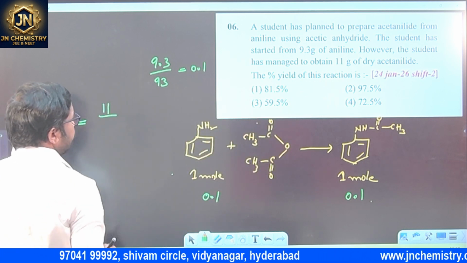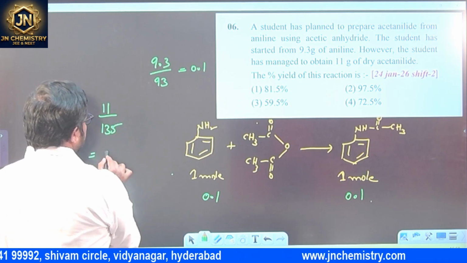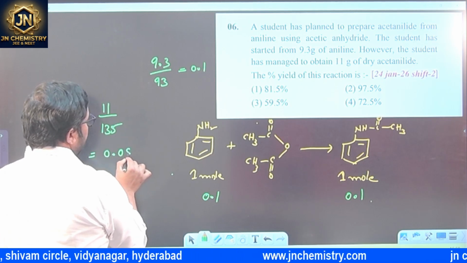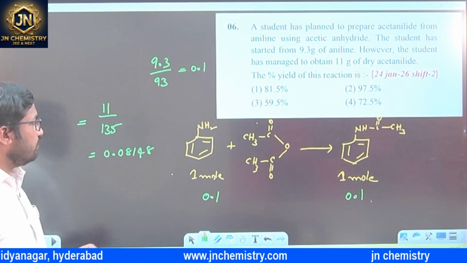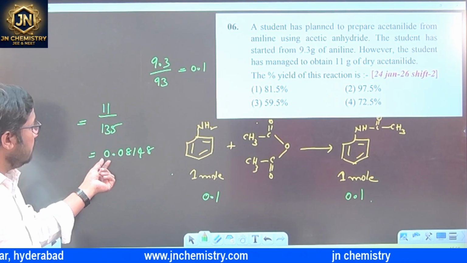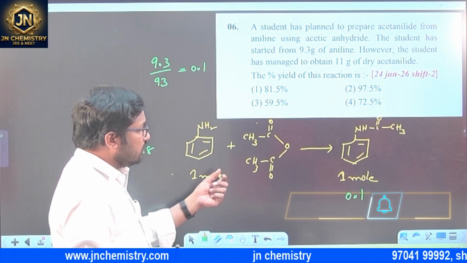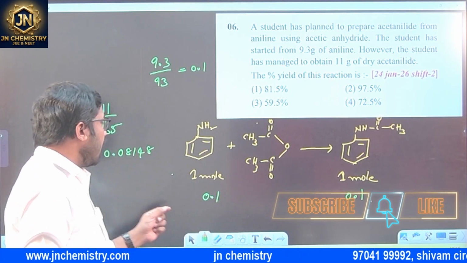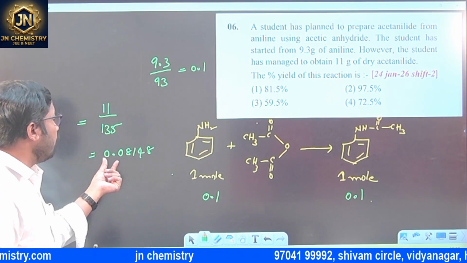How many moles is it forming? 11 by 135. We'll get 0.08148 moles. Actually, we should get 0.1, but we are getting 0.08148 moles.